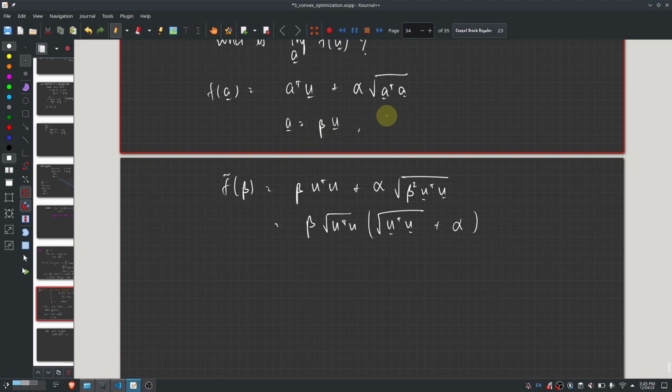I want to look at the regime where beta is less than 0, because I want to know if f of a can go to minus infinity or not. So when beta is less than 0, this will end up being minus alpha, correct? Because this beta is actually negative.